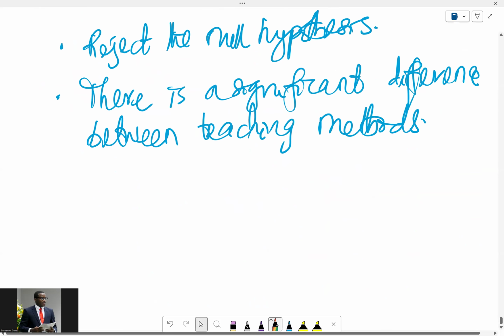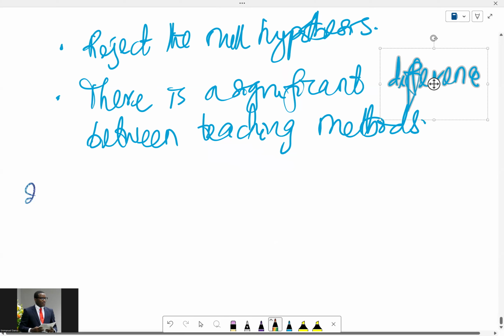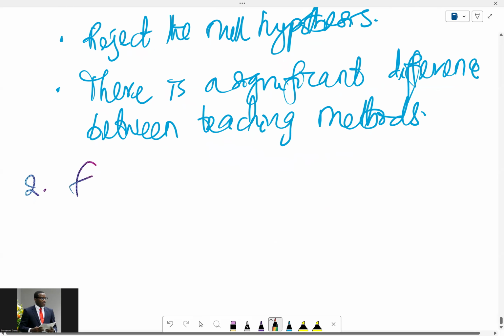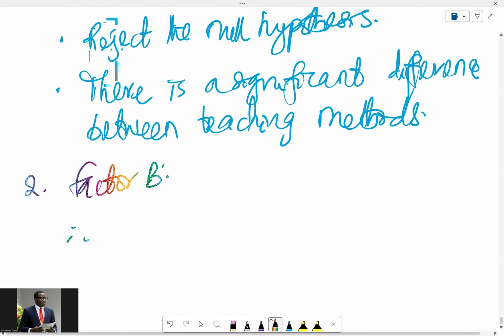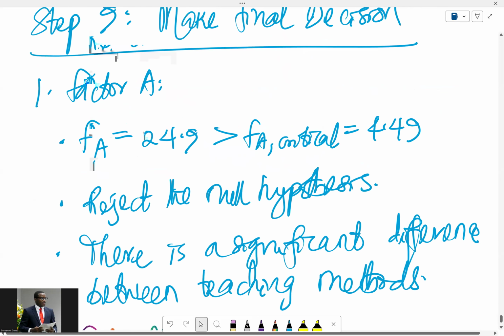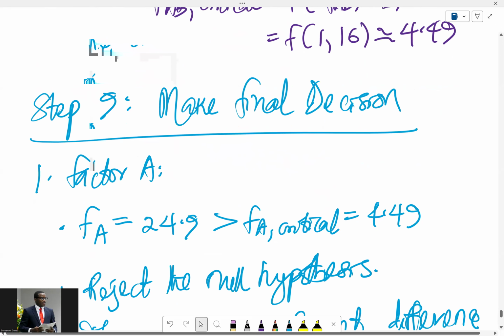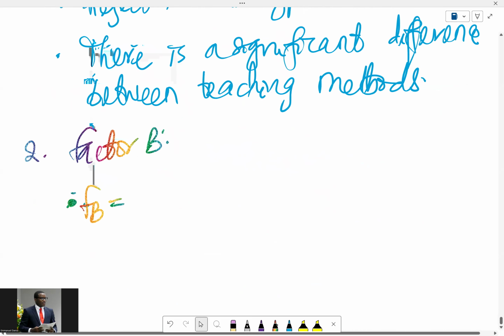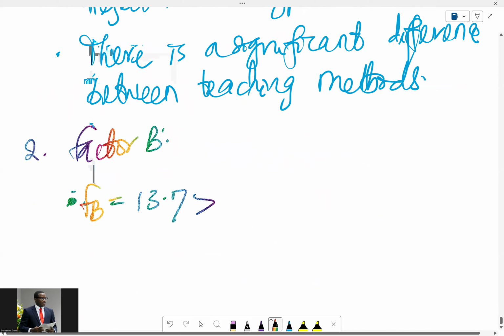Now for factor B, number 2, what do we have? FB is 13.7, and it's surely greater than FB critical, which is 4.49.